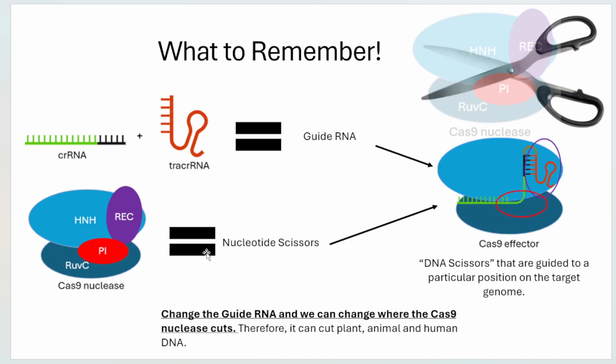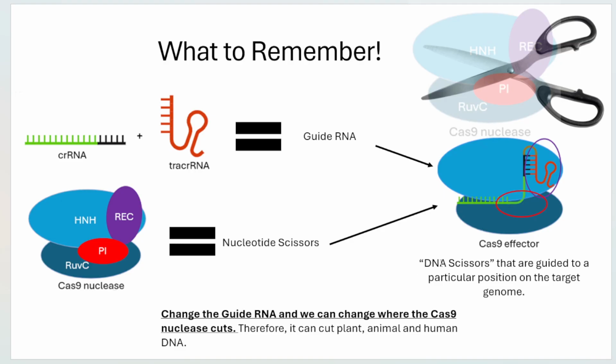But without this guide RNA, the molecular scissors will literally go around to any nucleotide combination of NGG, which is any nucleotide, A, T, C, or G, combined with a G, then another G, and it will just cut there. So it's pretty indiscriminate if you do not have the guide RNA.